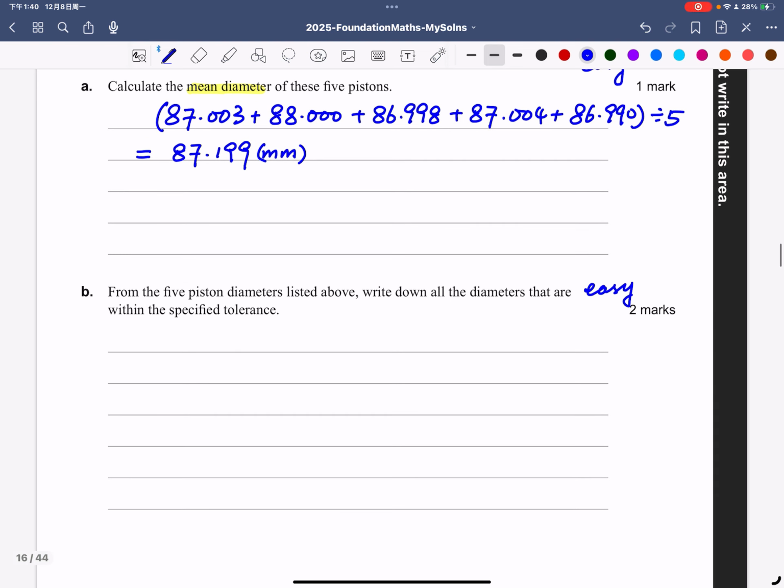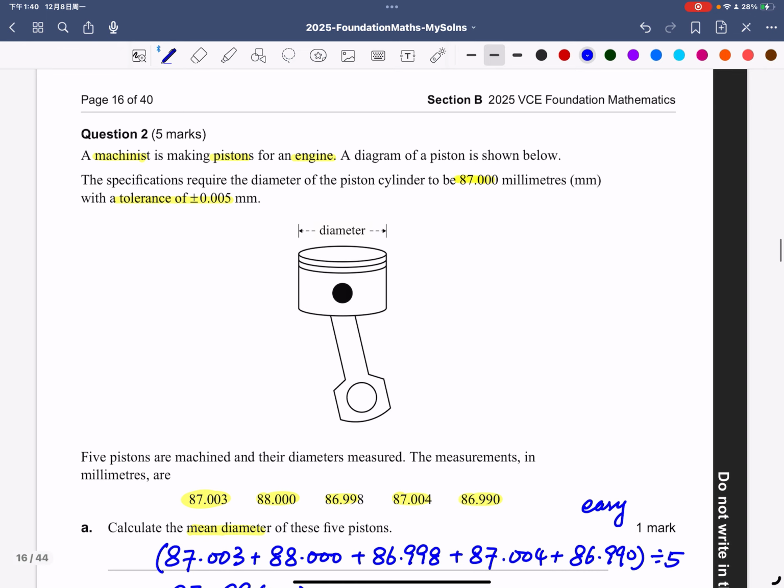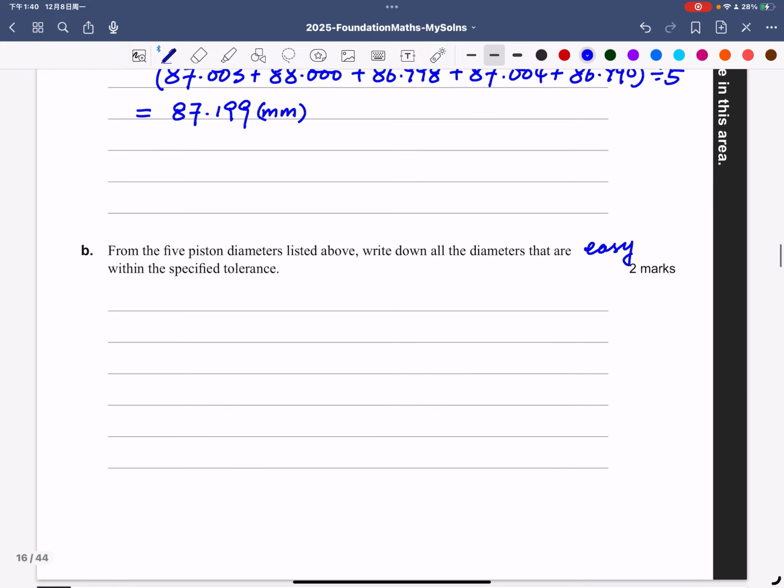From the 5 piston diameters listed above, write down all the diameters that are within the specified tolerance. So we know the desired measurement is 87.000 plus or minus 0.005.